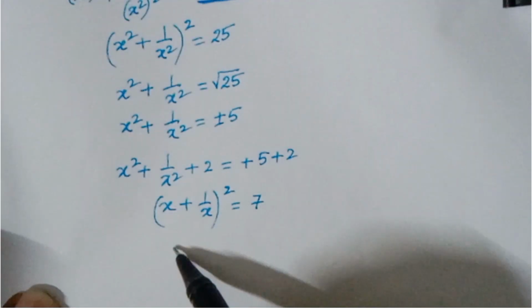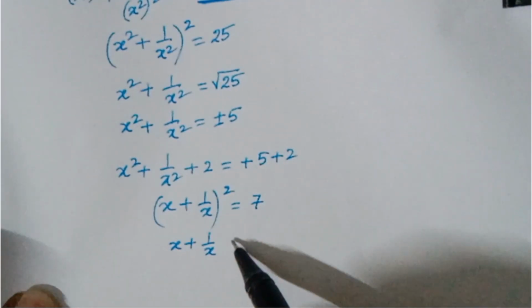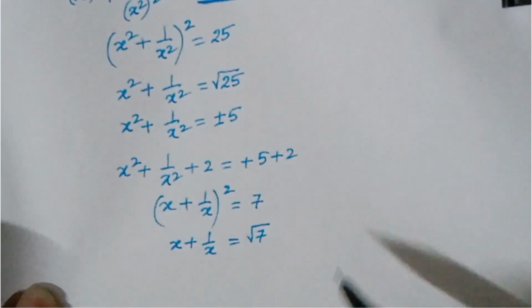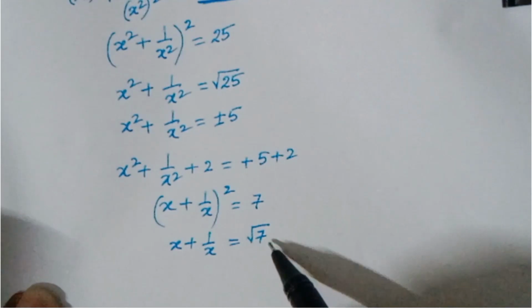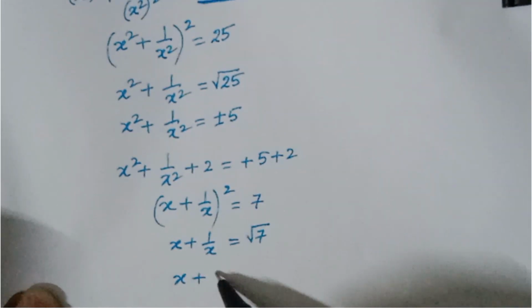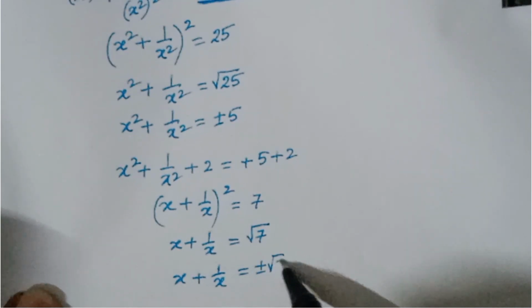So x plus 1 by x will be the square root of 7, and here we get a positive and negative: x plus 1 by x will be plus or minus root 7.